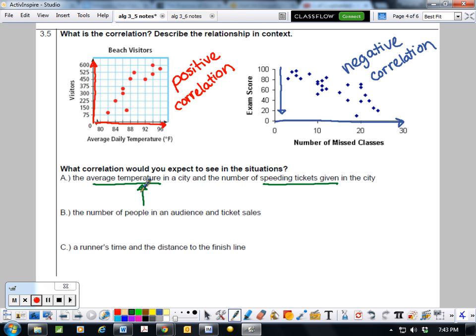What's interesting is that as temperature increases, people with convertibles and race cars tend to get out driving more, and they drive fast to get more of a breeze. So what actually ends up happening is as temperatures increase, the number of speeding tickets increase. So this would be a positive correlation.